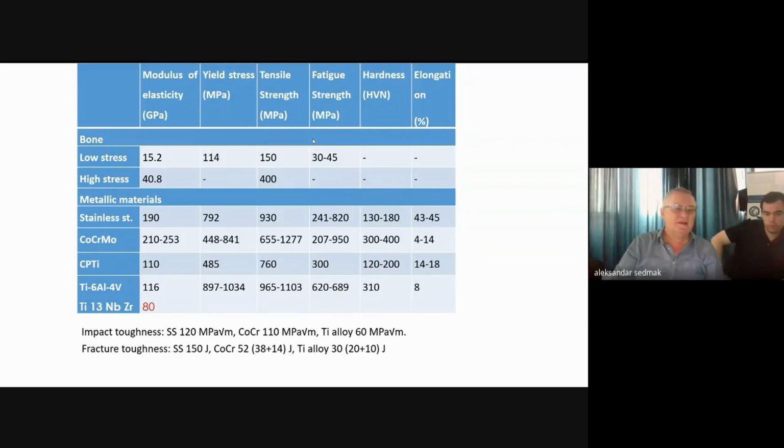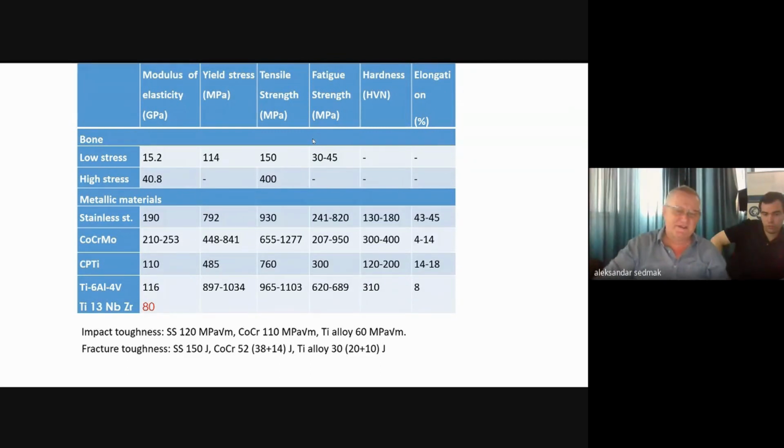Then for fracture toughness, we can also see superior behavior of stainless steel and good enough behavior of cobalt chromium alloy, and titanium alloys are once again with the lowest toughness.